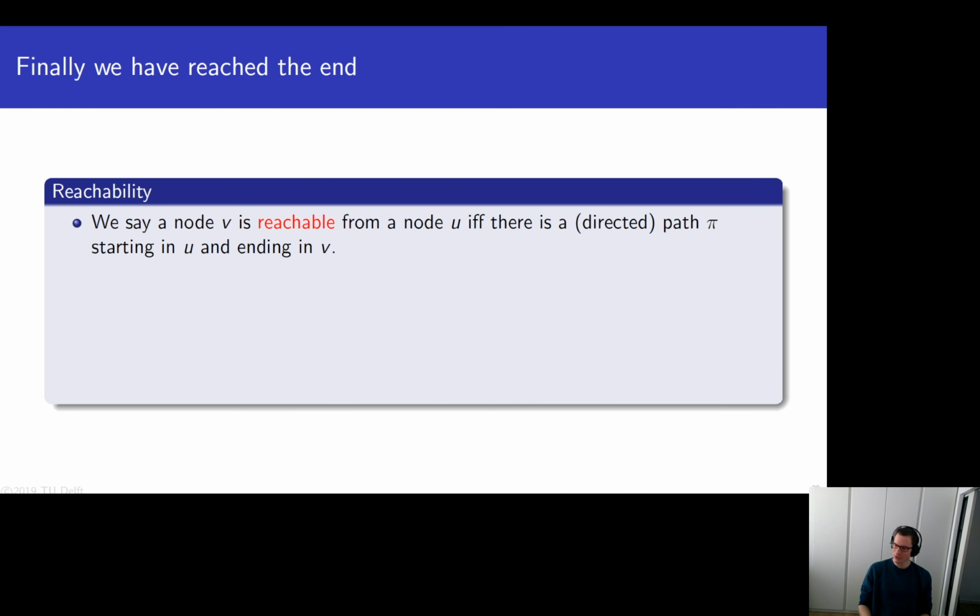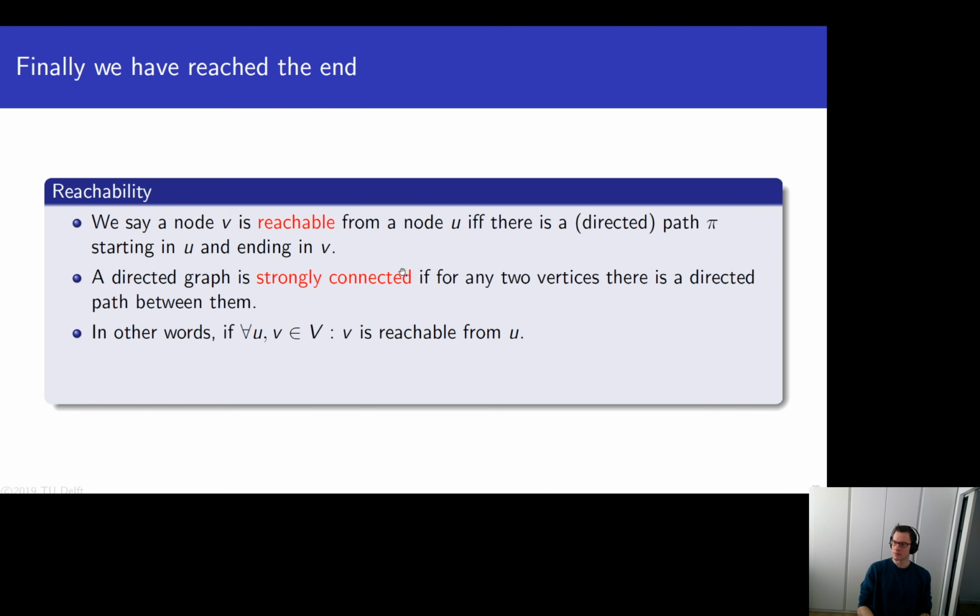So 2 more definitions to go through. We say that a node is reachable from another node if and only if there is a path from one node to another node. I'll get to your question in a second, Lotte. Let me finish this up first. Then a directed graph is strongly connected if all vertices are reachable from each other.